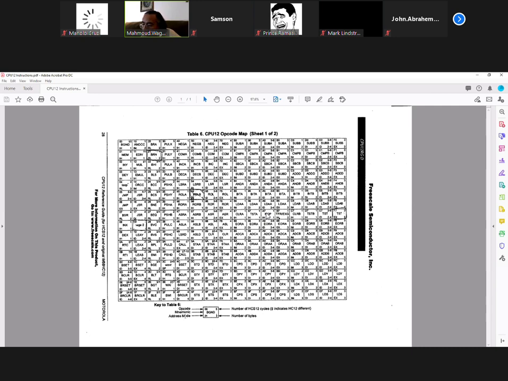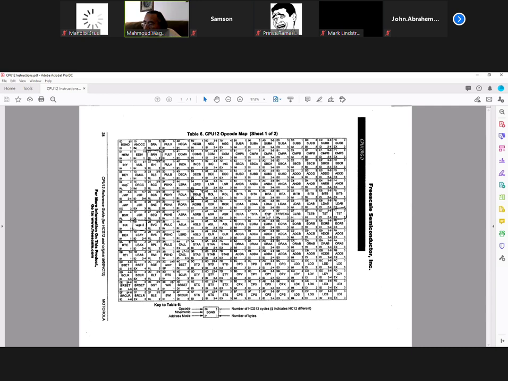For example, the one at the lower left is the addressing mode. The top right is the number of cycles. The lower right is the number of bytes. Now that gives you the number of bytes in this instruction.